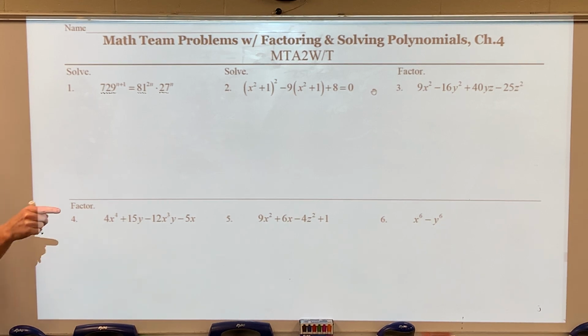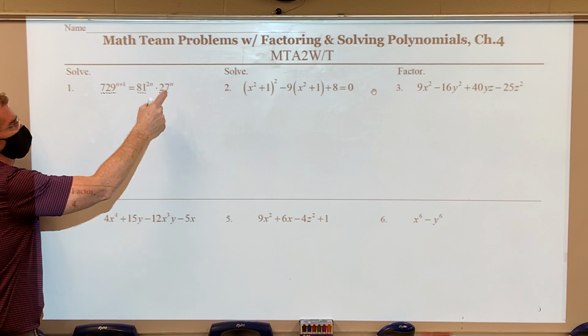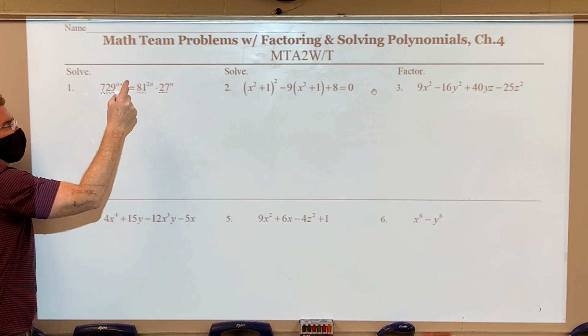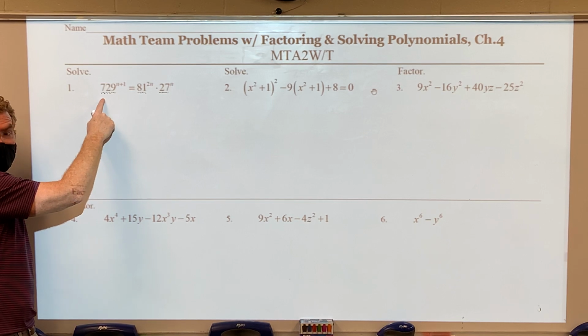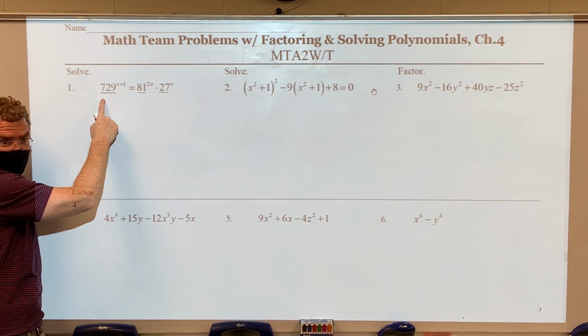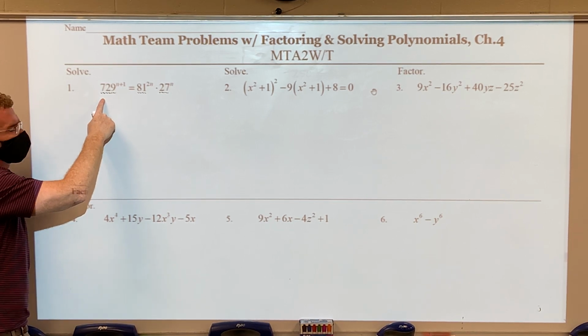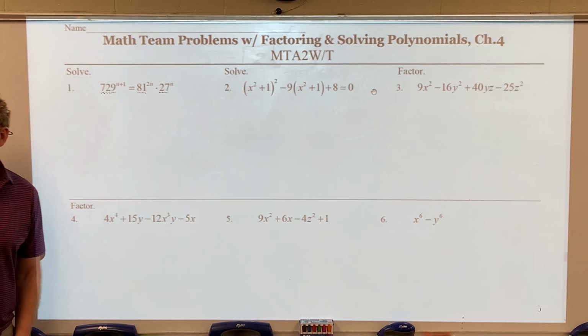Power of 3, 3 to the something. This 27 is a 3 cubed, that is a 3 to the 4th, and that is a 3 to the 6th.